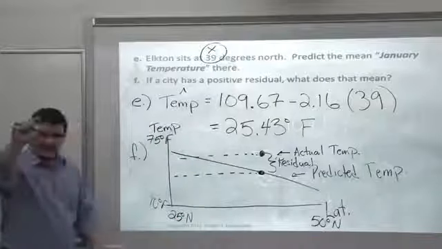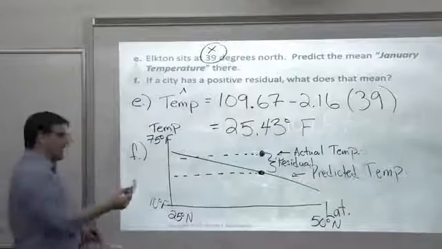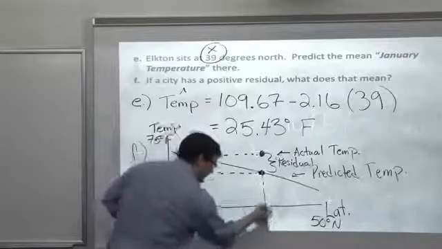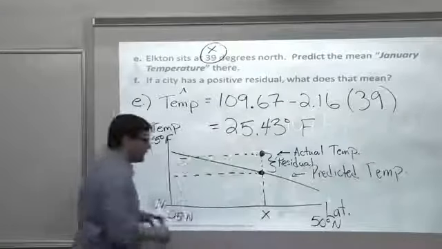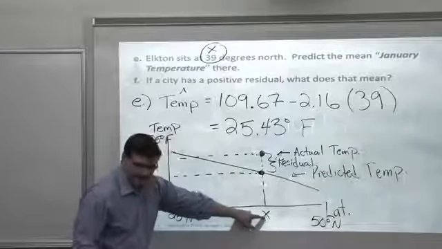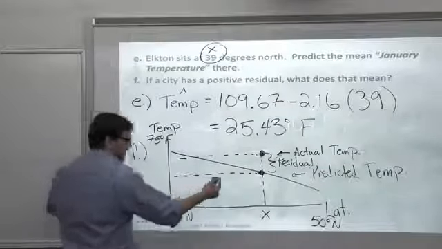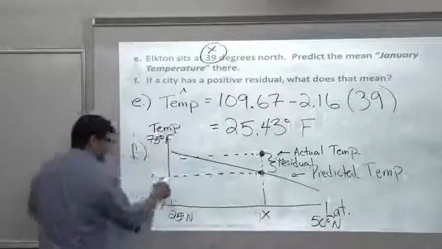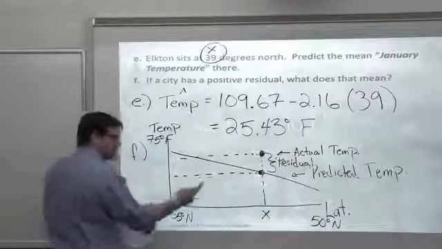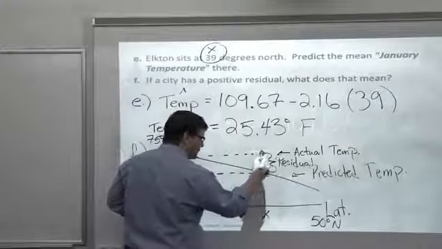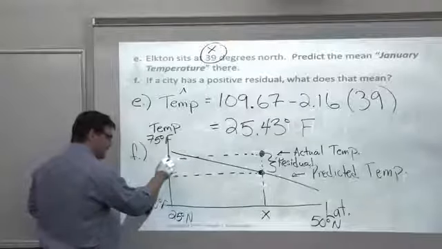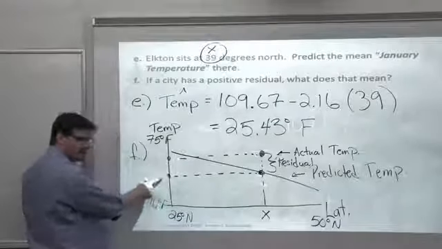But the distance of the dots, up or down to the line, those are the residuals. And so, straight down to its x value, what we're saying is for a city that sits here on the map, whatever that latitude is, the model's predicting the temperature to be here, I guess on the colder side, but in actuality, that city's temperature is much warmer. It has a positive residual, and the actual temperature is very different than the predicted.